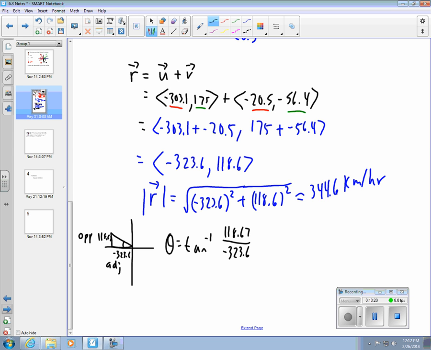And usually I get in the habit of always not putting the negatives or positives in here. I just put in the positive value, because your angle there, we always want it to come out to be a quadrant 1 angle, sort of. I mean, it's really over here, but the angle over here is always going to be less than 90 degrees.